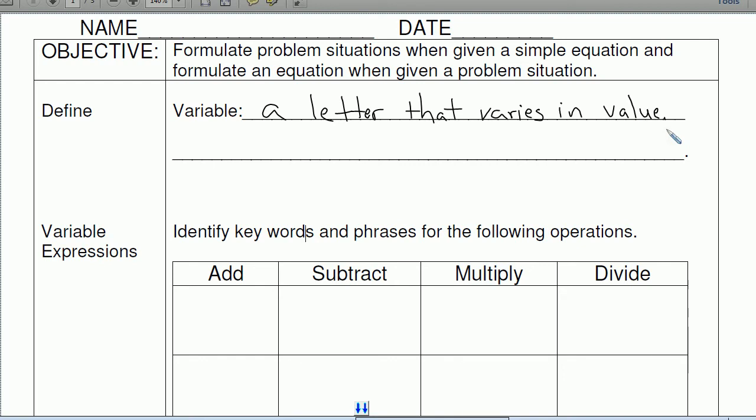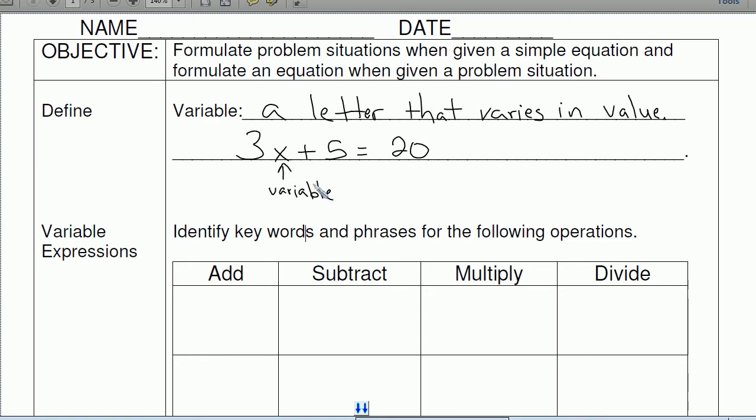Okay, so an example for a variable would be 3x plus 5 equals 20. In this case the variable is the x, and the only number that the x could be has to be a 5, because 3 times 5 is 15, and 15 plus 5 gives me 20.